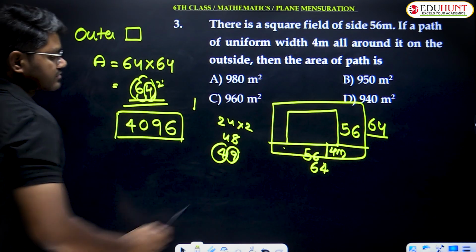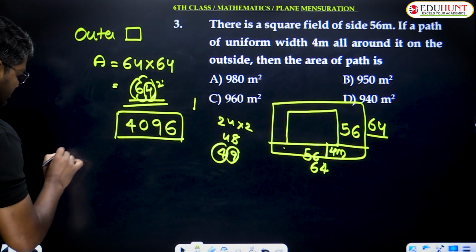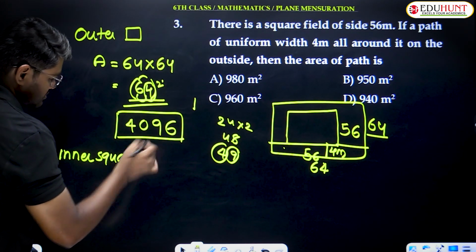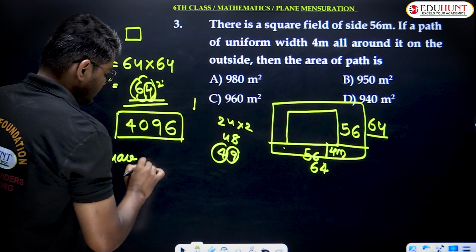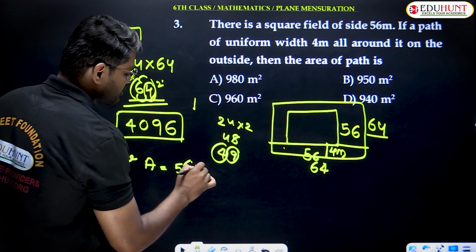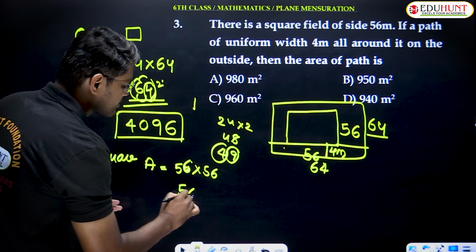Next is the area of the inner square. Area equal to 56 into 56. So this is 56 square.